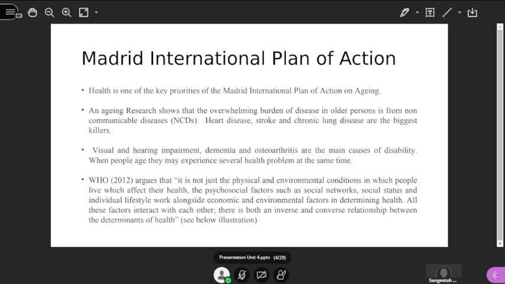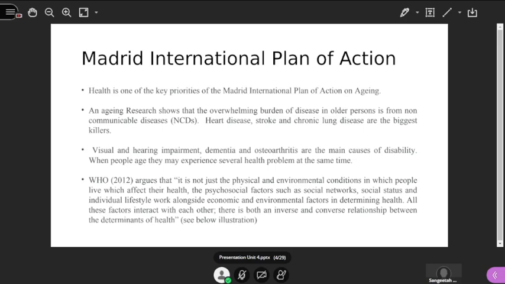WHO 2012 argues it is not just the physical and environmental conditions in which people live that affect their health, but also psychosocial factors such as social networks. Like Venus said, when people are left alone, they become isolated, and this impacts their health. So social status and individual lifestyle work alongside economic and environmental factors in determining health.